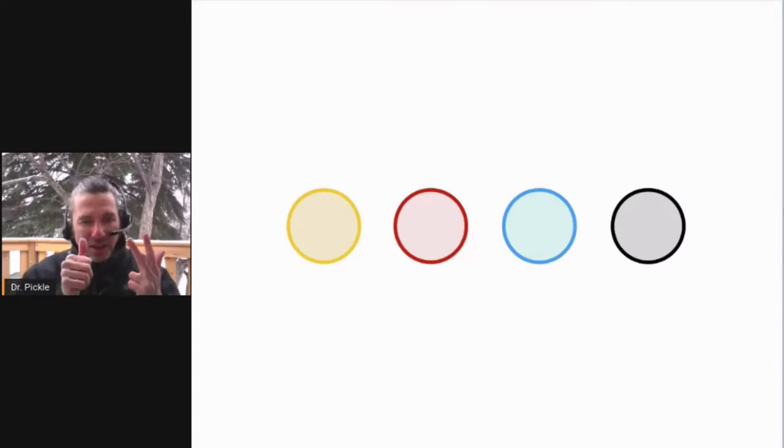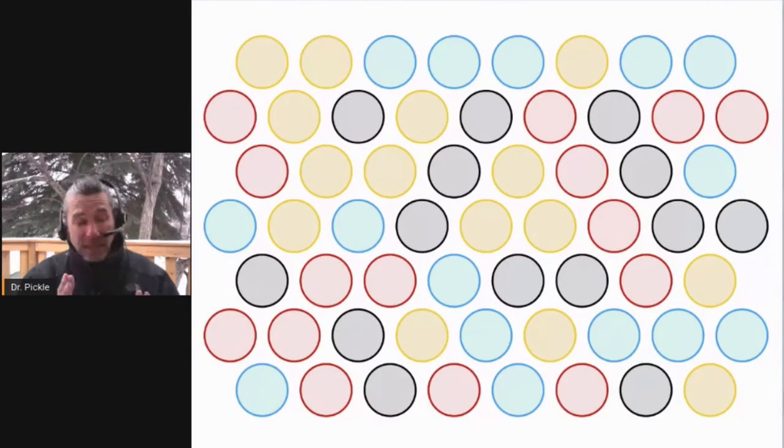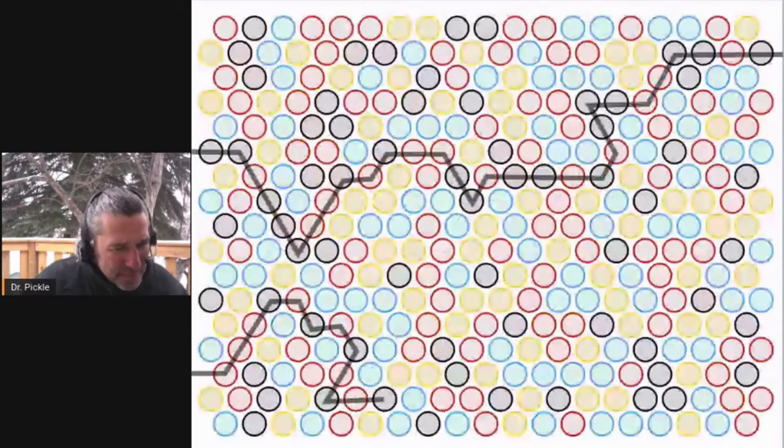Number 4, red and blue. Number 5, red and black. Number 6, blue and black. 6 combinations. Okay, yeah. So I'm going to guess that if you go to a really large grid that is square, probably 3 out of those 6 are going to work going left to right. Yeah. Okay.